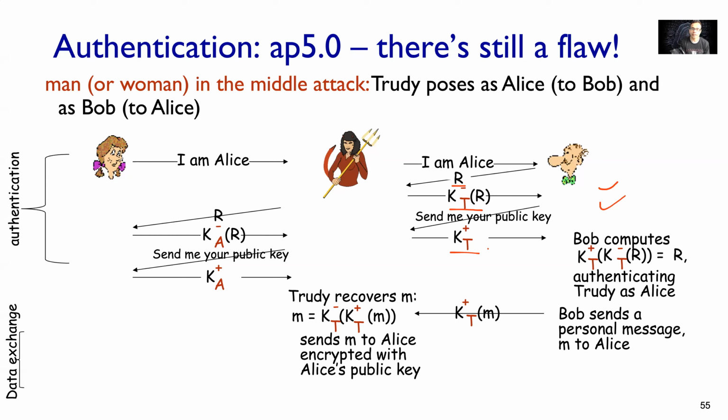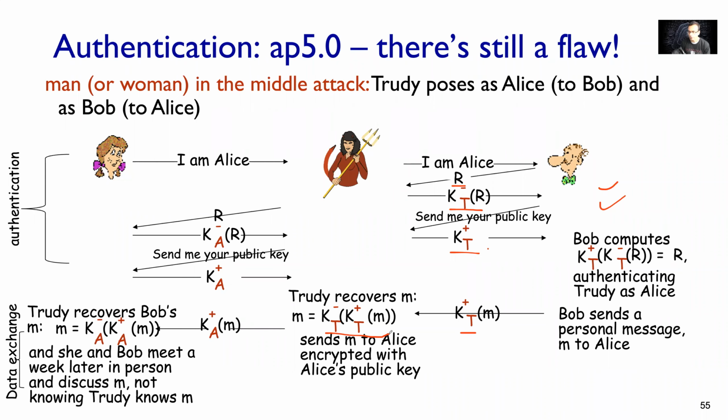We send the message using the recipient's public key, which is known. Bob is still thinking this is Alice's public key. So Bob encrypts the message using what he thinks to be Alice's public key, which is actually Trudy's public key. So when Trudy receives this, Trudy can decrypt this and then send the message to Alice.